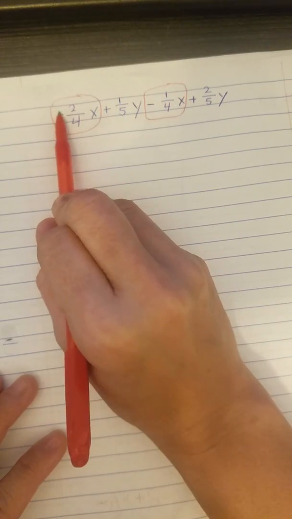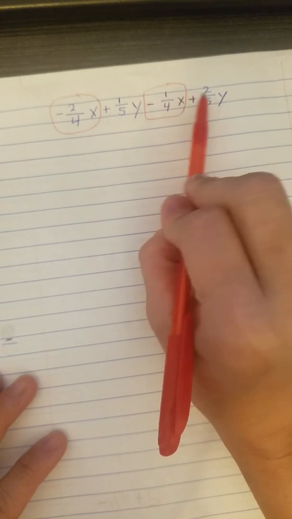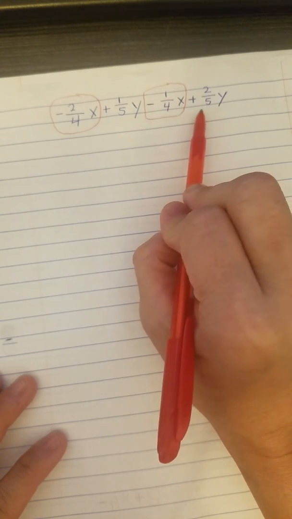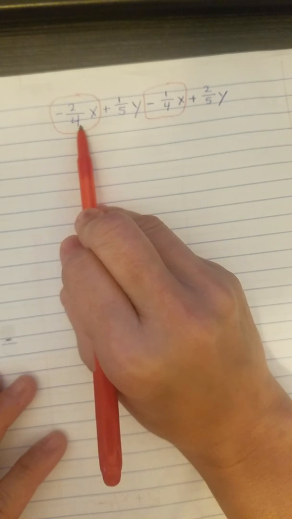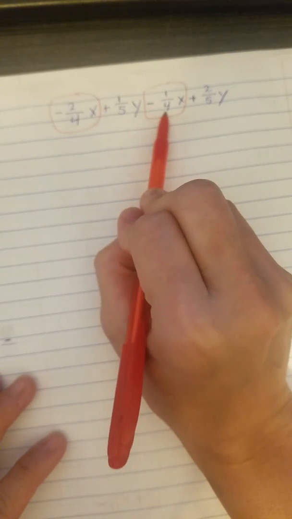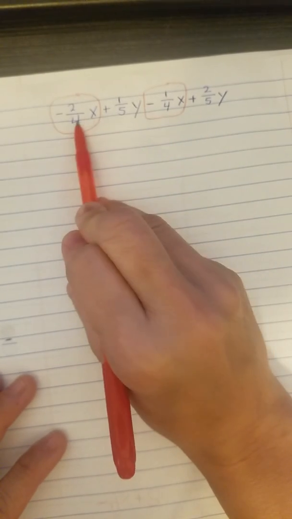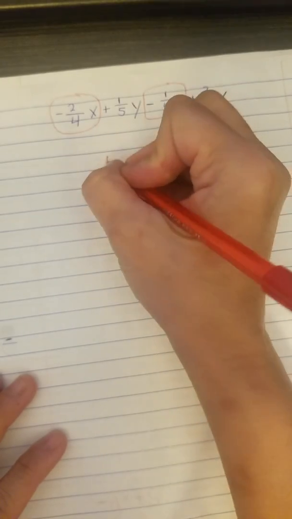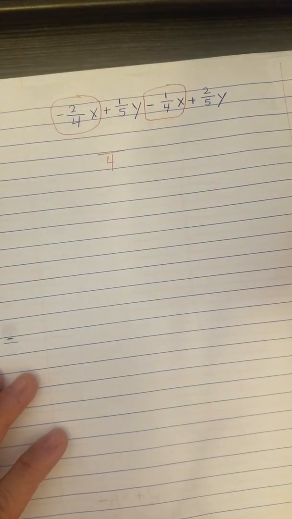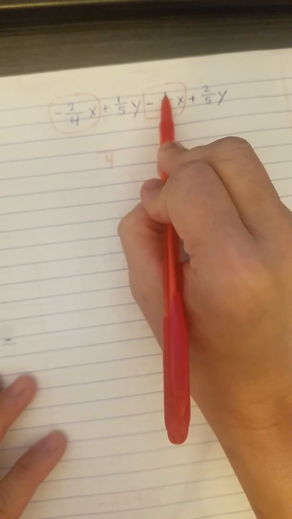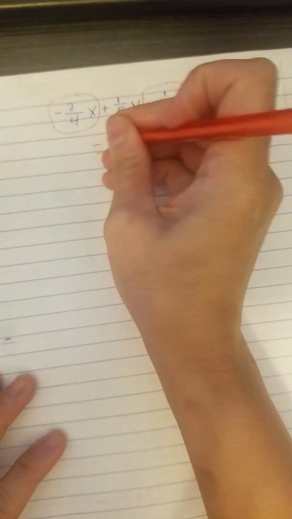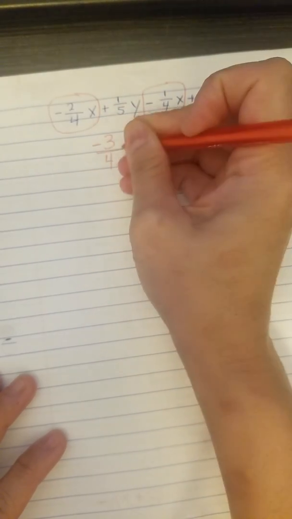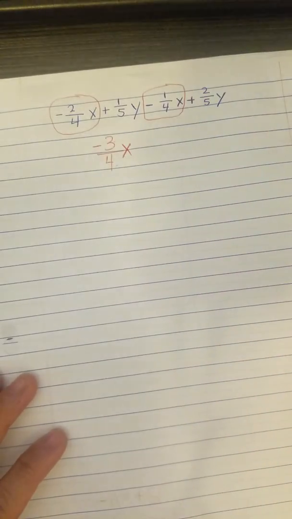So if I have a negative and a negative, it's just going to be a bigger negative, right? Okay, so negative 2/4 and a negative 1/4, you have the same denominator. So that denominator is going to stay 4. And you have negative 2 and negative 1 is negative 3/4 x.